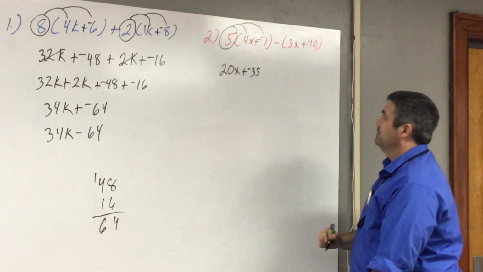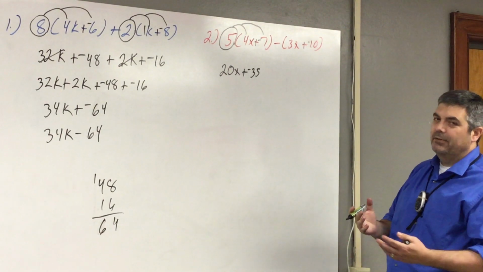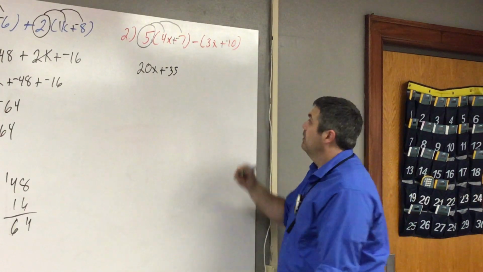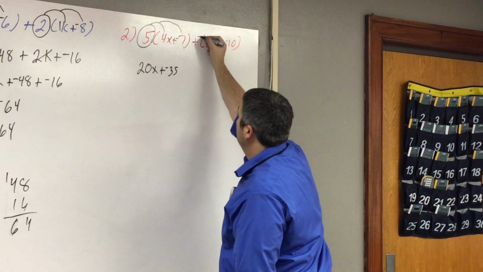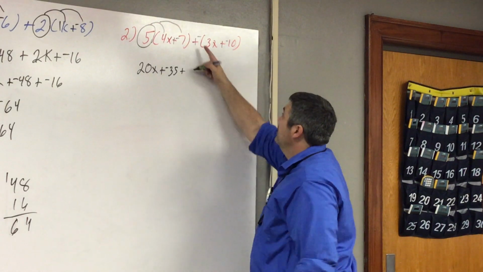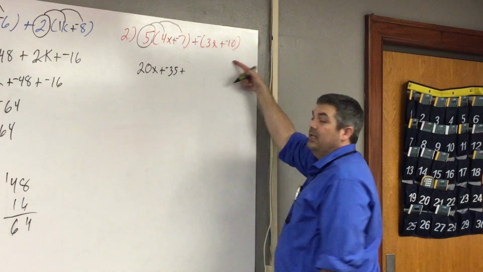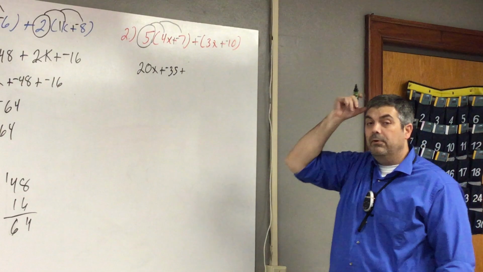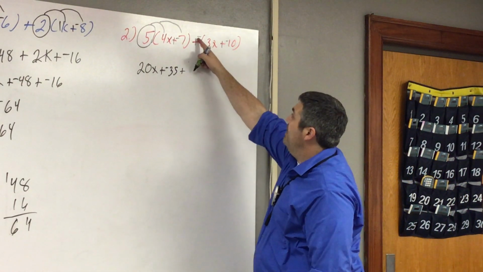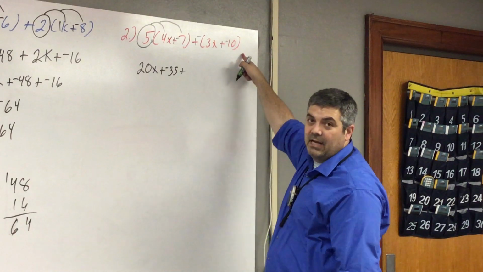All right, so now, here we got to deal with this. So what I tell people to do is just go ahead and do click, click, click, click, right there. So now I've got this add, but look, this negative goes to everything inside of there. So what we're going to do is we're going to distribute this negative. And what this says is the opposite of everything inside of there.